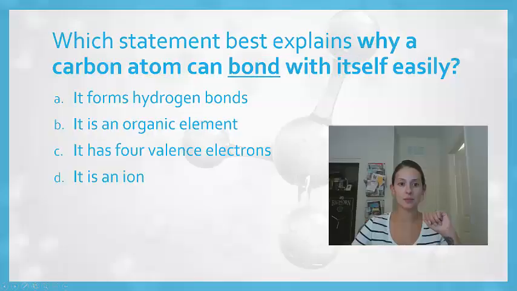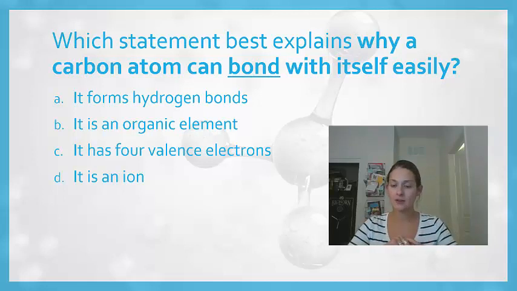Okay, so let's look at this in practice. It says, which statement best explains why a carbon atom can bond with itself easily? It forms hydrogen bonds, it's an organic element, it has 4 valence electrons, or it is an ion. Well, let's do process of elimination.